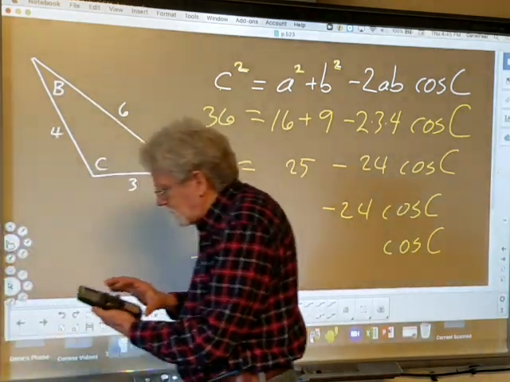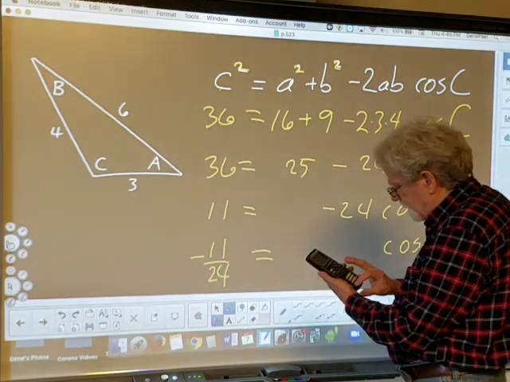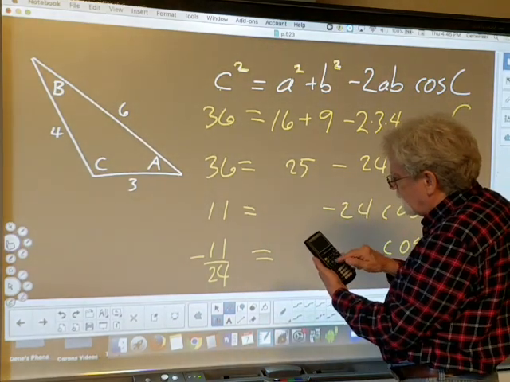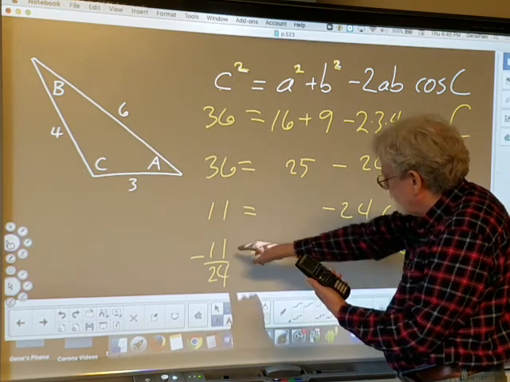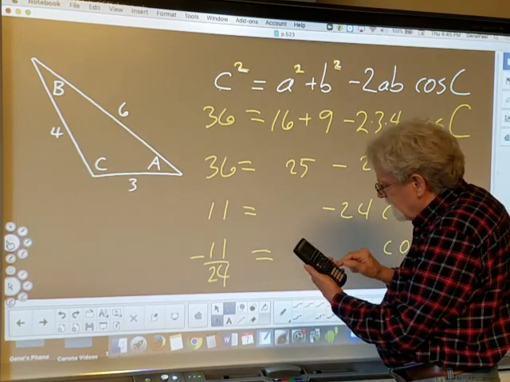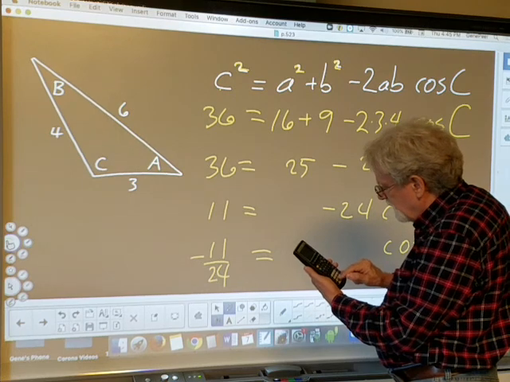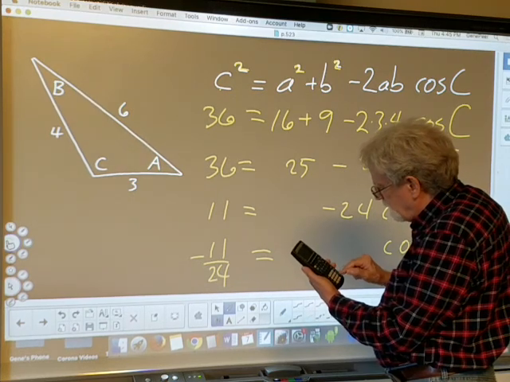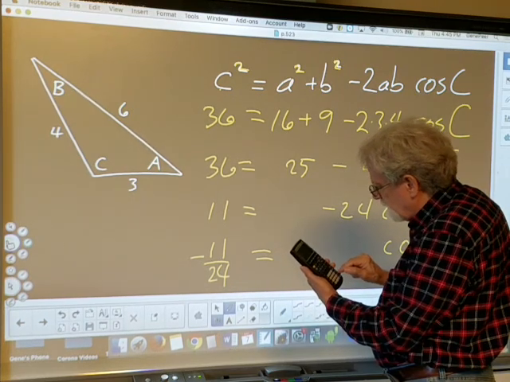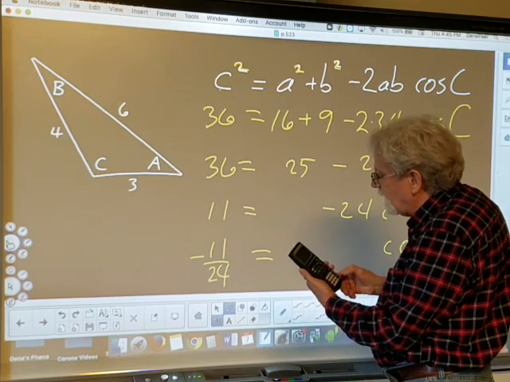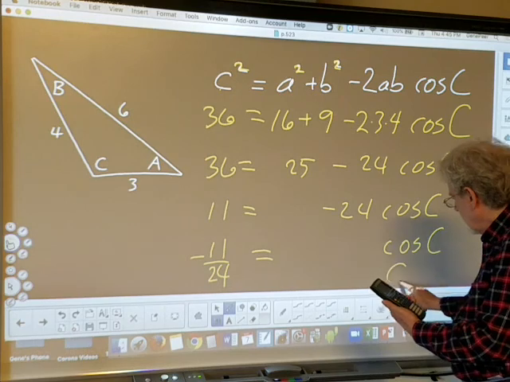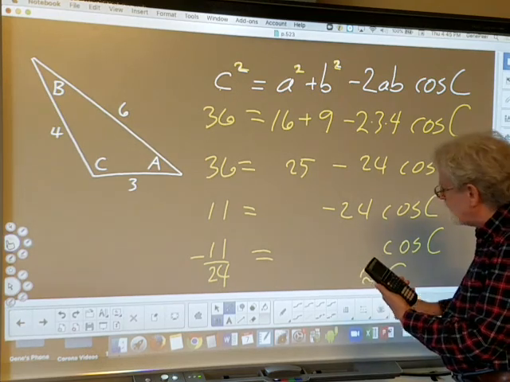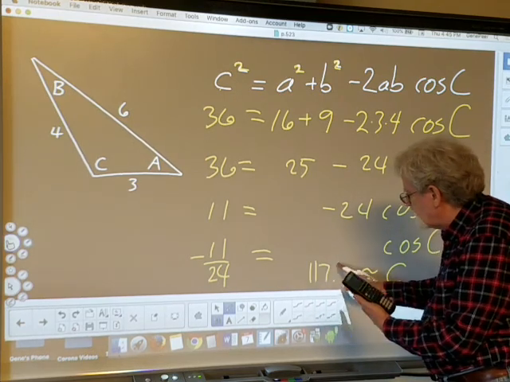So on my calculator, I'm going to use the second function button, not the regular function. So I hit second cosine of negative 11 divided by 24, close the parentheses, and we get an angle of, according to this, C is approximately, to 1 decimal place, 117.3.